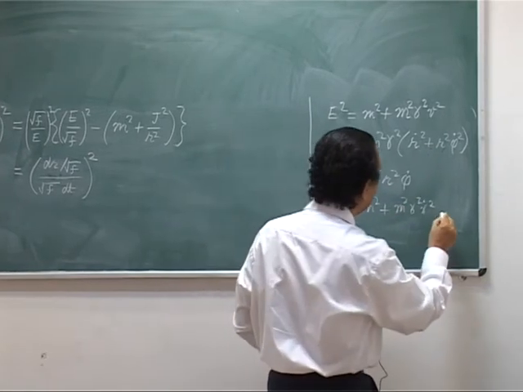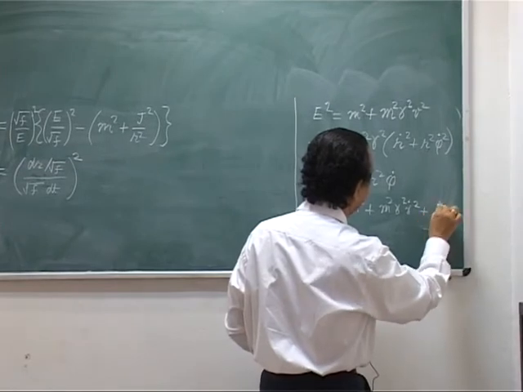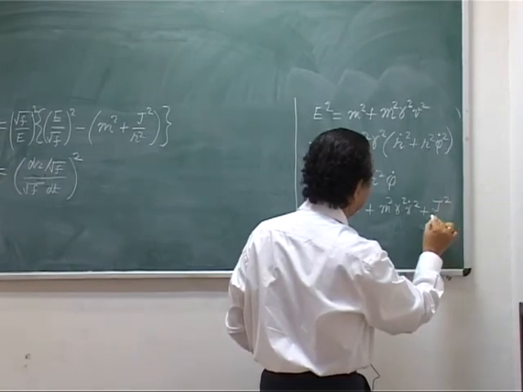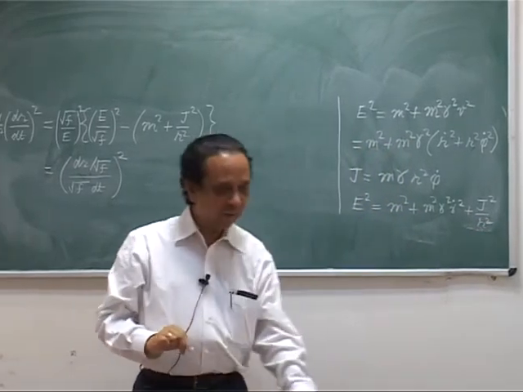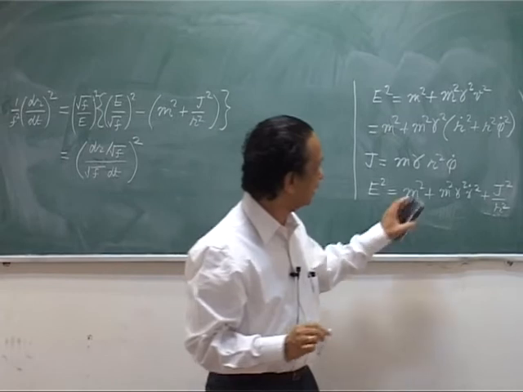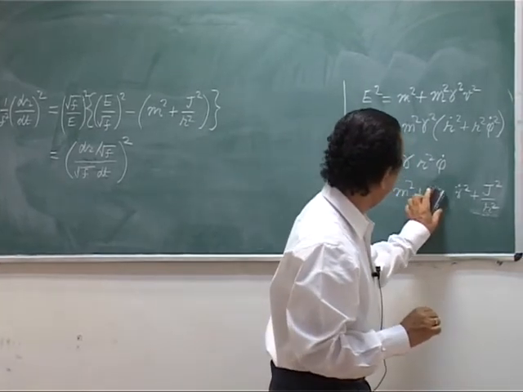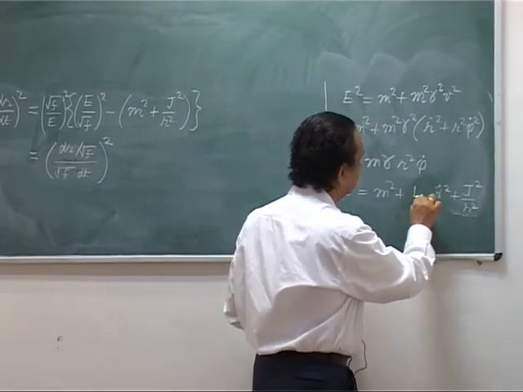Then this term I write as j square by r square. Further, we also know that m square gamma square is E square. So, replace that by E square.